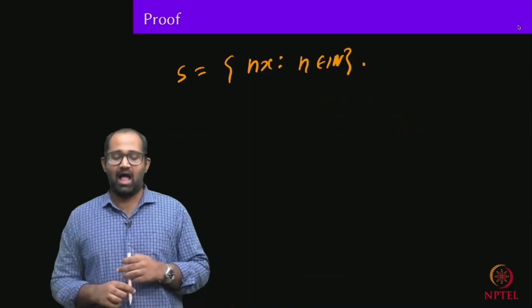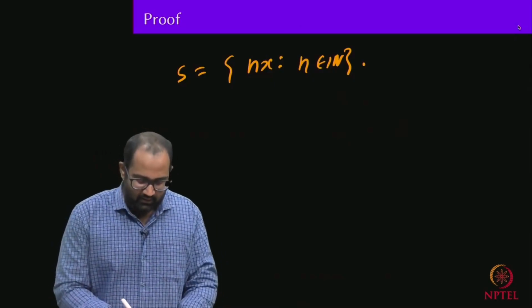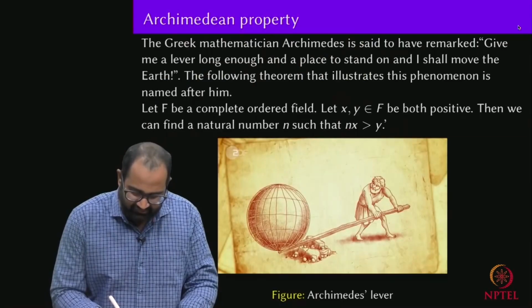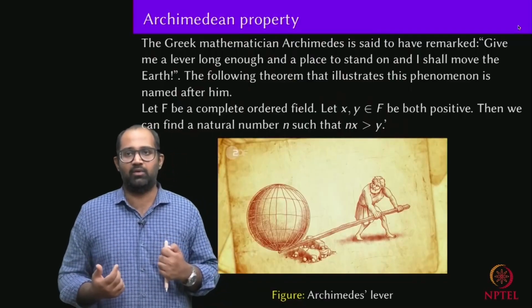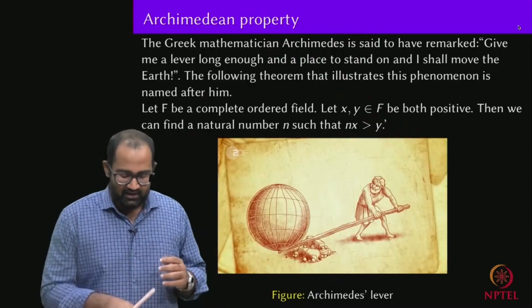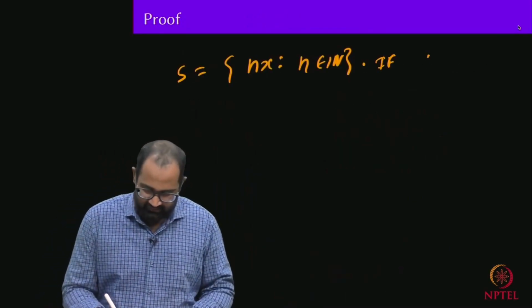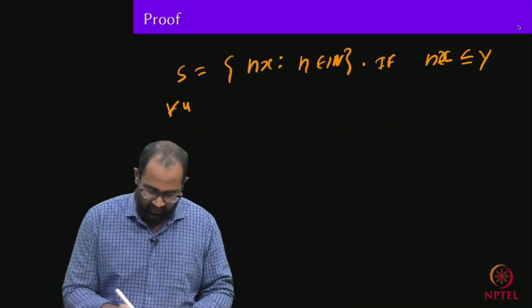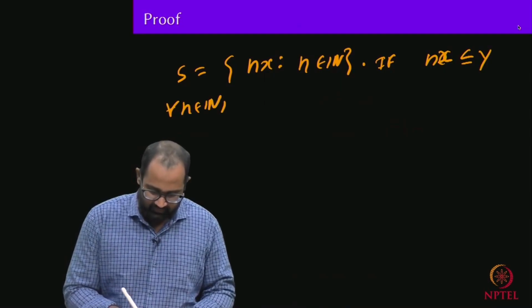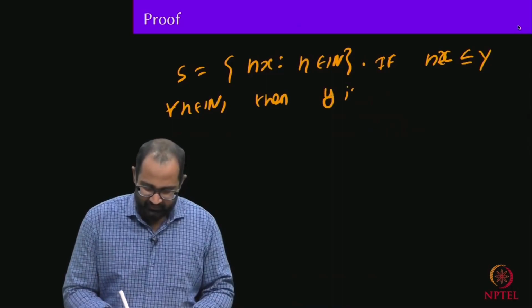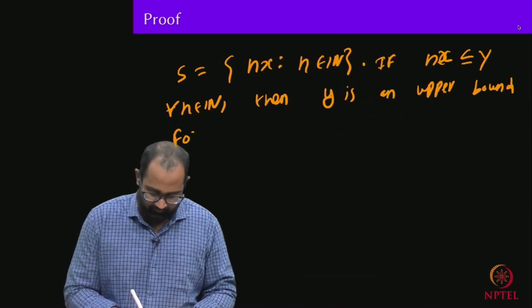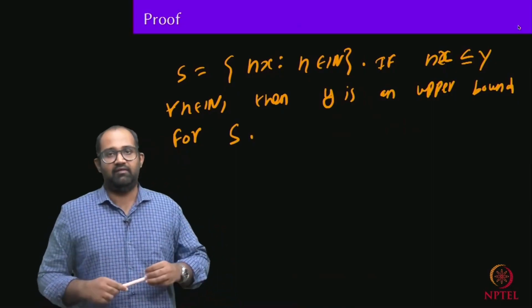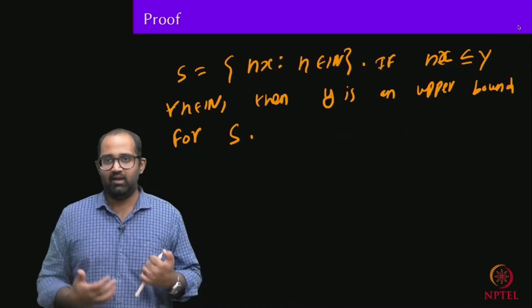Okay. Now, if it so happens that nx never exceeds y, that y is always greater than or equal to nx, it never happens that nx is greater than y, then if nx is always less than or equal to y for each n in N, then y is an upper bound for the set S. If nx can never dominate y, then y is an upper bound.